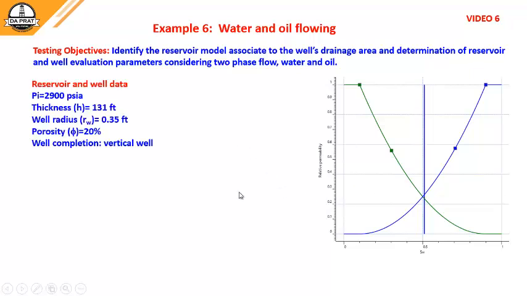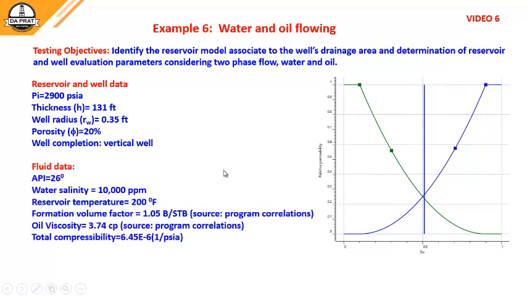Regarding reservoir and well data, you can see here the initial pressure, thickness, radius, porosity. Completion is a vertical well. And regarding fluid, you have an oil of API 26, a salinity of 10,000, and the reservoir temperature.